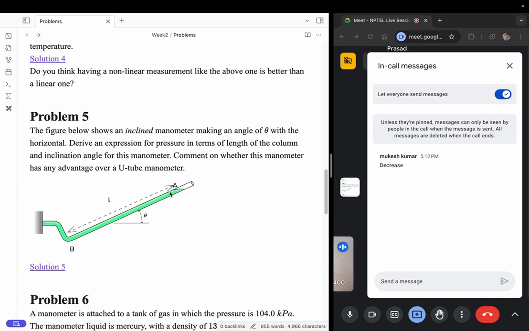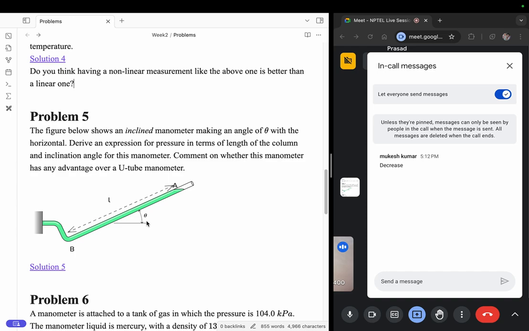So what will that be? If L is the length of this and theta is the angle here, what will be the pressure now? What will be the effective height that you feel the weight for? As I said, you should look in the direction of gravity. Whatever height is in the direction of gravity is what you will feel.